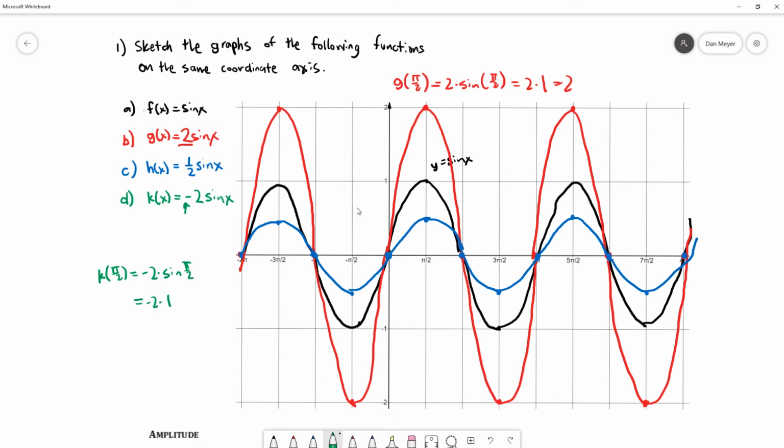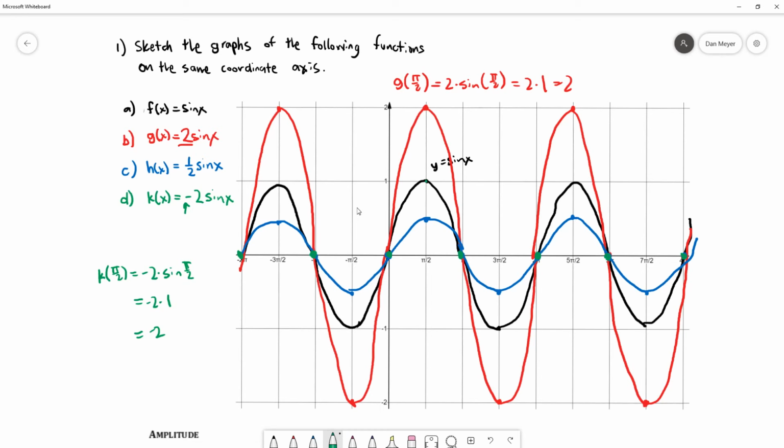Sine of pi over 2 was 1, which is negative 2. So first off, all the zeros are going to stay 0. Again, that's one of the nice things about the x-intercepts, they don't change when you are stretching or compressing vertically.